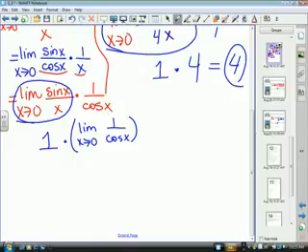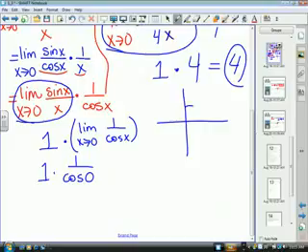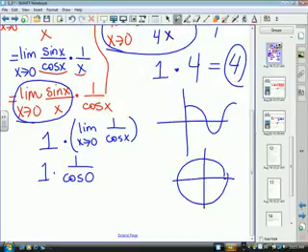Yeah, direct substitution, right? Can't you just plug 0? You were trying to make it too hard. Yeah, you just plug 0 in. And we can get cosine of 0 either from the graph or the unit circle. So what is cosine of 0? 1. So the answer is 1.